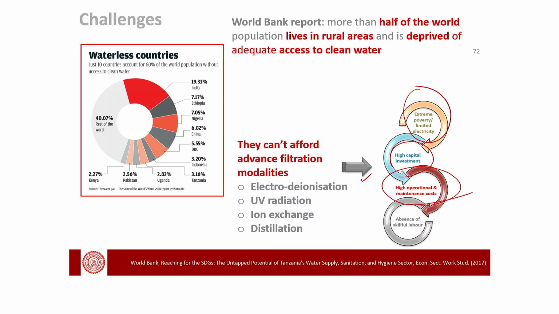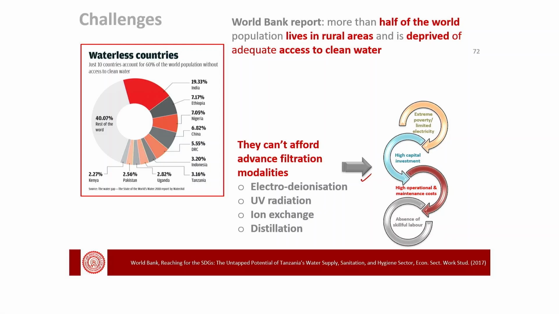Even if they purchase, the maintenance cost is very high, and there is an absence of skilled labor. So in rural areas extreme poverty is there, electricity is not there.